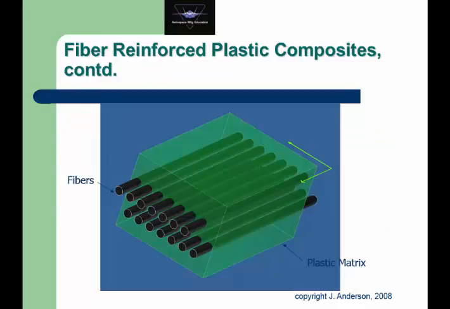So this is a simplified illustration of a fiber reinforced plastic composite. The green that you see here is the matrix material, and the black cubes are the fibers. In this case, all of the fibers are laid in one direction, and the matrix holds them together and in place in relation to the other fibers.